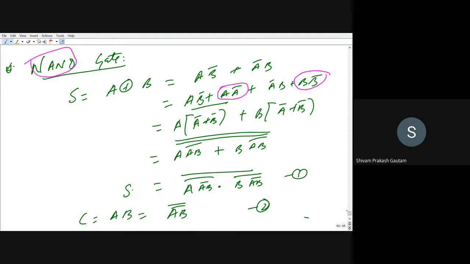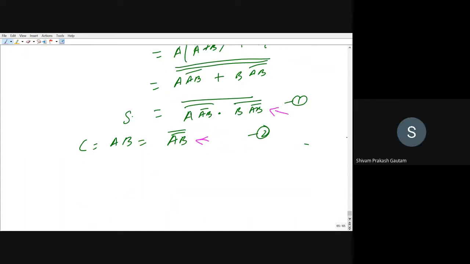NAND gate is AND gate and NOT gate, so the final expression should not have any plus sign. We should have only multiplication sign because we are using NAND gate, right? Vice versa, if you go for NOR gate, we will see shortly, it should not have any multiplication sign. It should have only addition sign, right? So now we want to implement this logic.